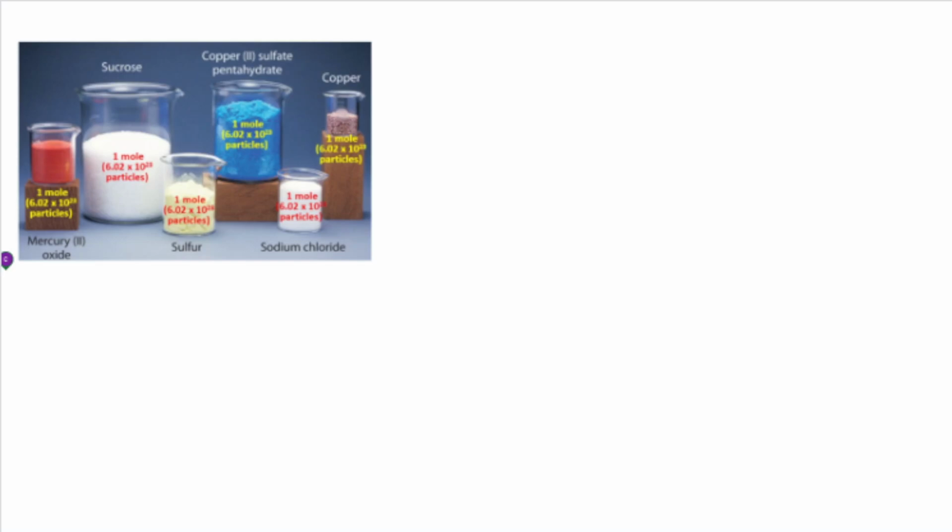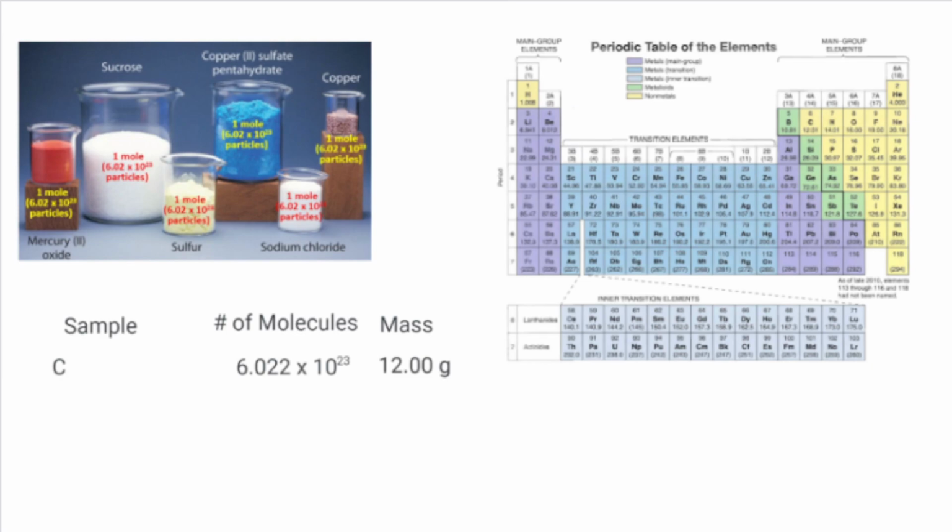And so one thing we can do with this is we can keep in mind that by definition, a mole of carbon 12 is equal to 12 grams. Now, the reason why this is important is we can relate this back to the periodic table. And if we relate this back to the periodic table, we can look at, say, natural carbon. So no longer carbon 12, but just carbon found naturally in the earth.